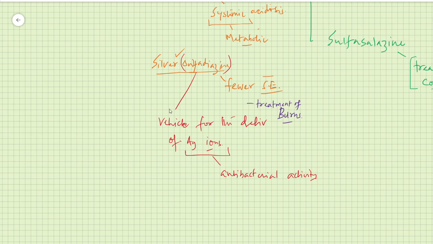Okay. So the other drug that is used topically is sulfacetamide sodium solution. So sulfacetamide is not very soluble, but if you combine it with a sodium salt, it becomes soluble.